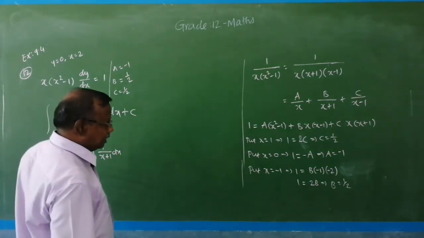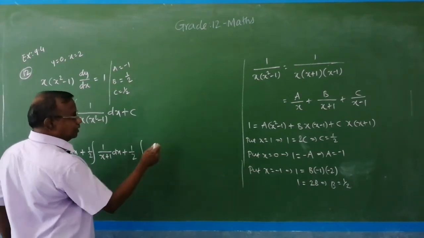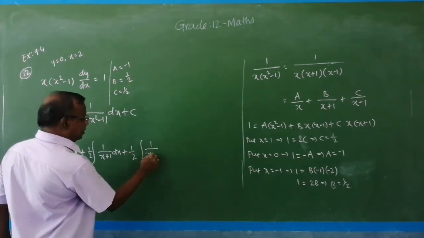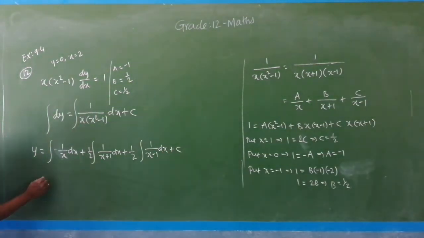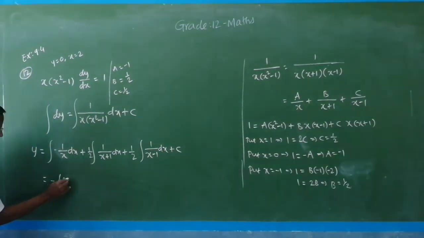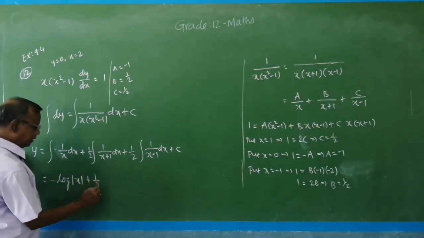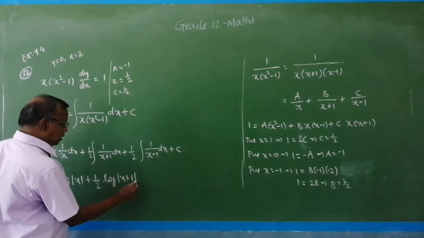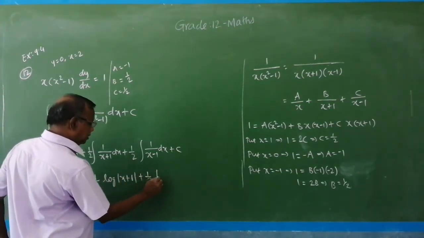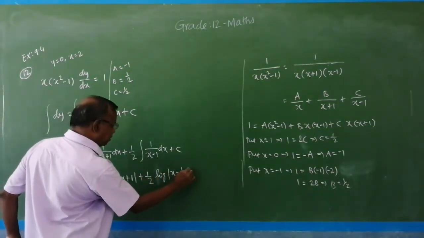The third part is c, also 1 by 2, that is 1 by x minus 1 into dx plus c. This is equal to minus log of modulus of x plus 1 by 2 into log of modulus of x plus 1 plus 1 by 2 into log of modulus of x minus 1 plus c.